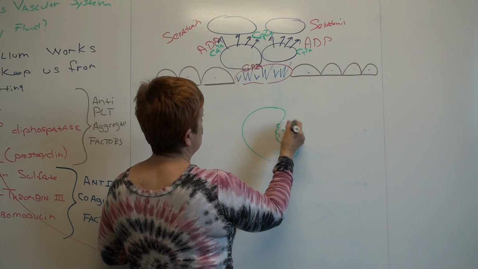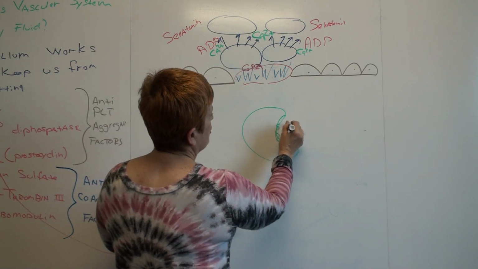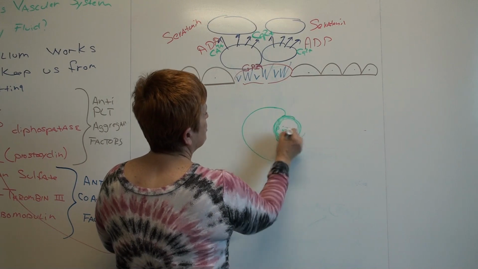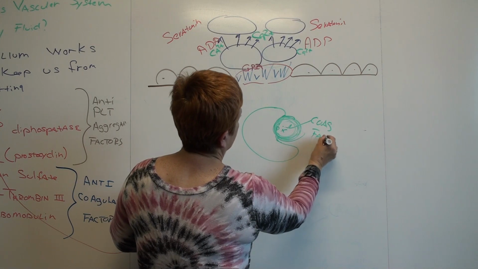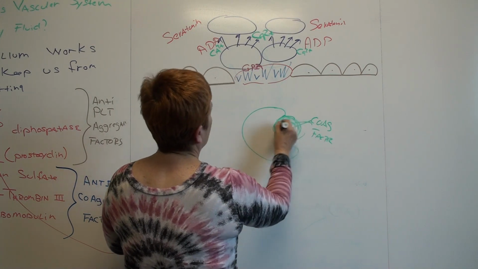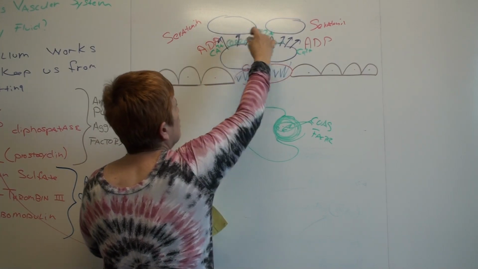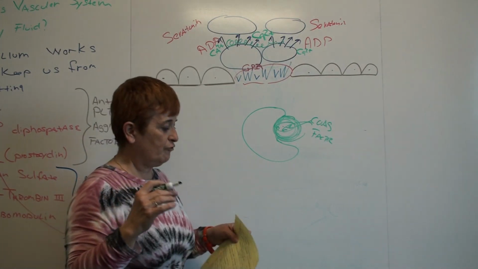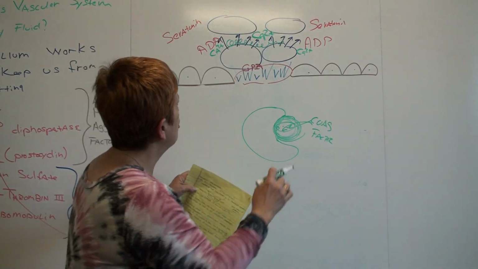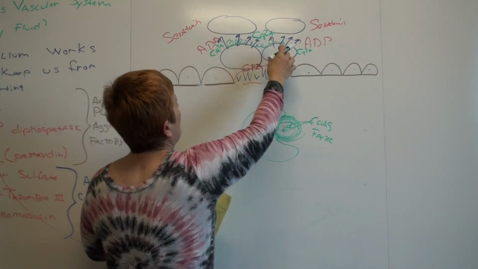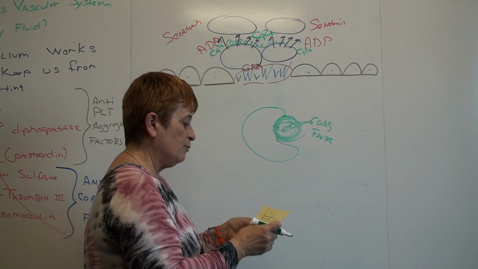All of the coag factors are happening on the platelet surface. So I'm having coagulation factors coming in here and working on top of the platelet phospholipids. I have to have calcium in order for these coagulation factors to stick and stay to the platelet membrane.